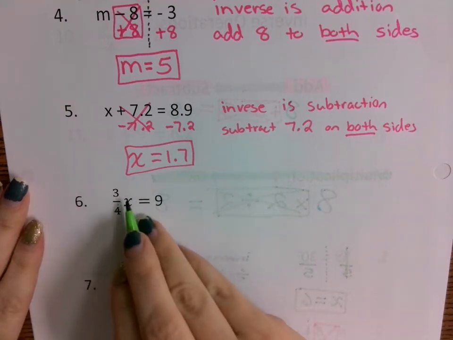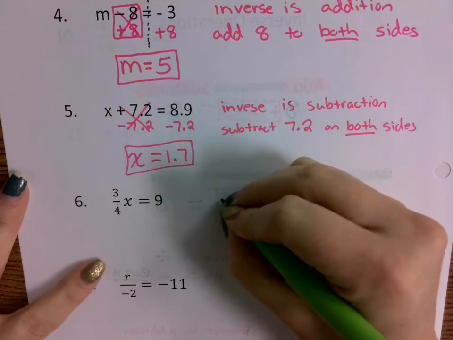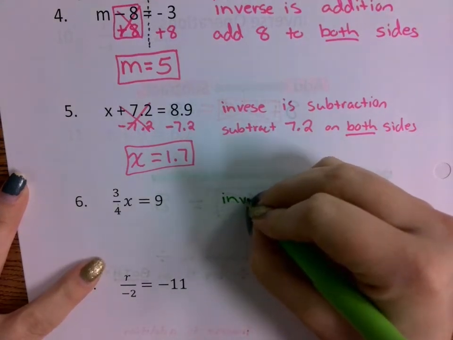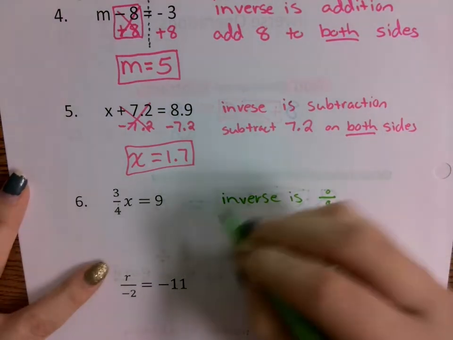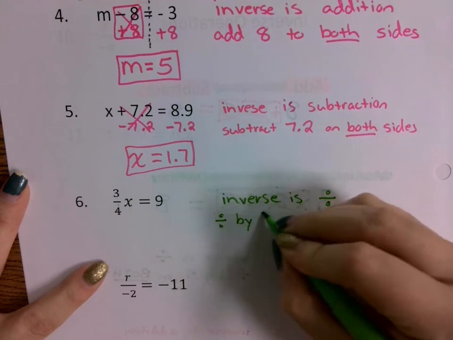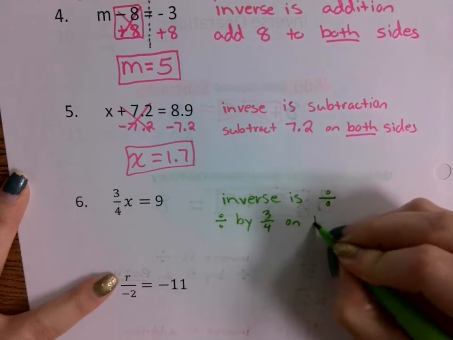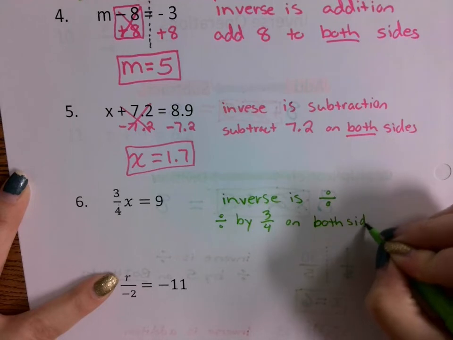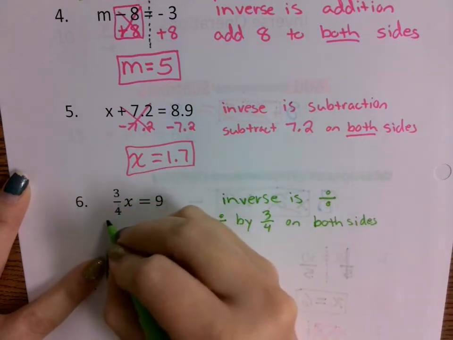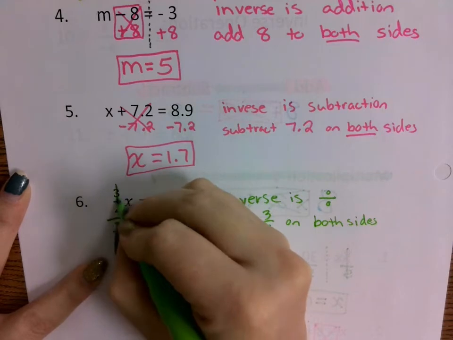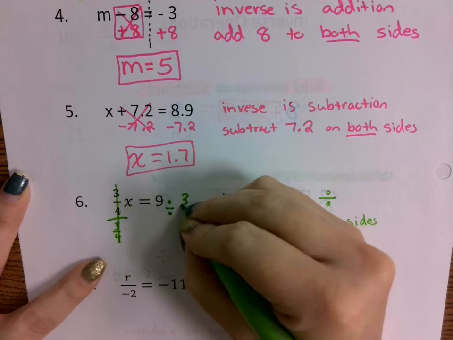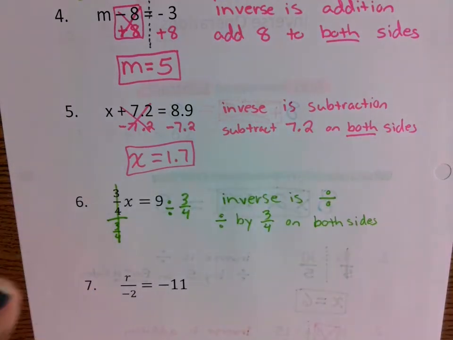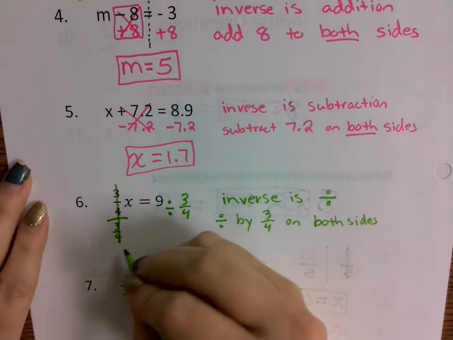The inverse operation would be to divide, so you're going to divide both sides by 3/4. 3/4 divided by 3/4 cancels out. Then 9 divided by 3/4 is the same as 9 times 4 over 3, which comes out to 12.